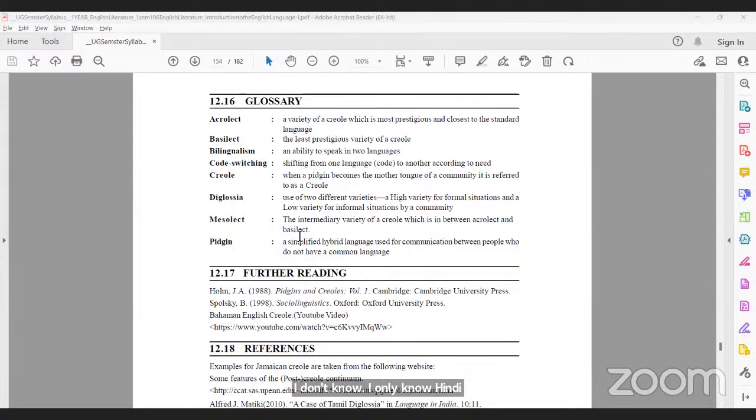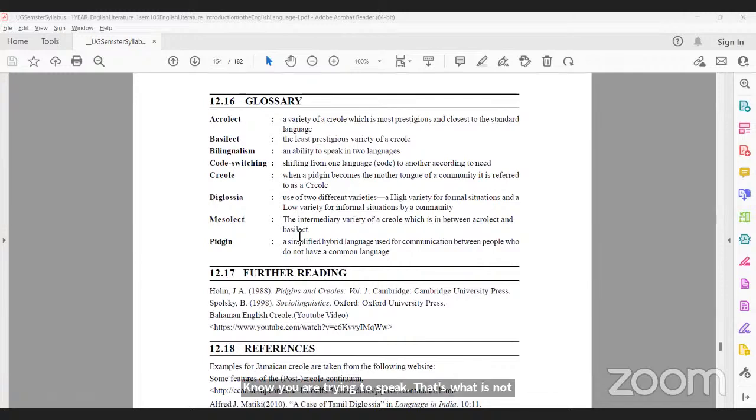So when you are switching your language partially to make me understand the idea that you want to share with me, and you are changing it partially to Hindi, even though your Hindi is not good, even though you don't know how to speak in Hindi, or you know it partially, you are trying to speak. That is code switching.